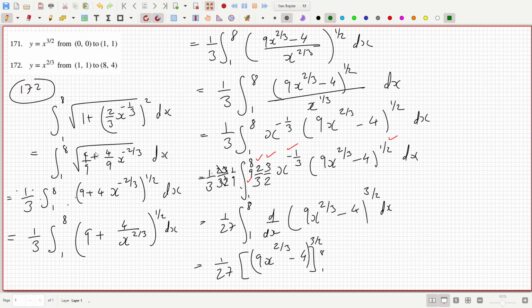Squared. So that's 4/9 x to the power minus 2 over 3, and 9 over 9. Take the 9 out as a 3, like that. And then change that to positive power. And then change that to 9x to the power 2 over 3. Huh? How did that become minus all of a sudden?